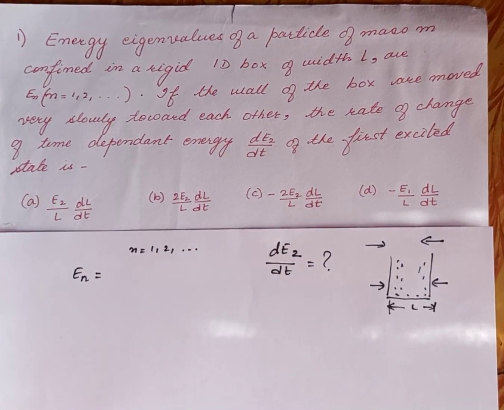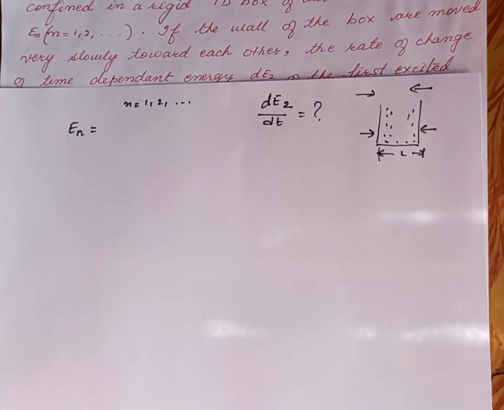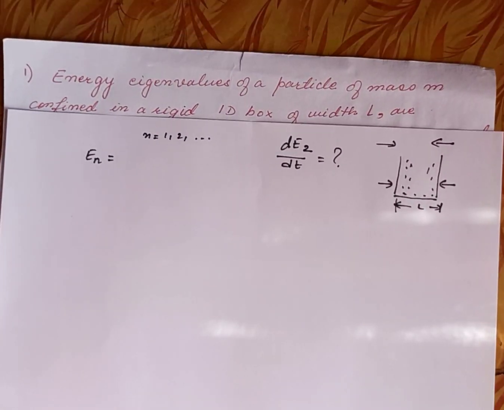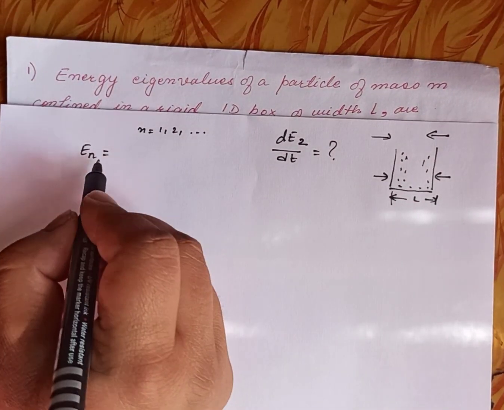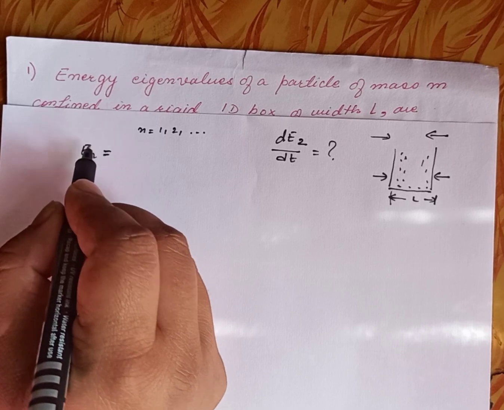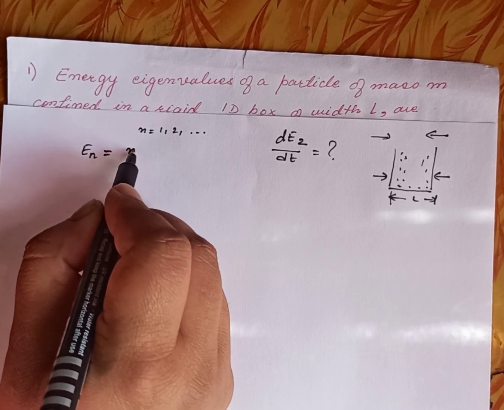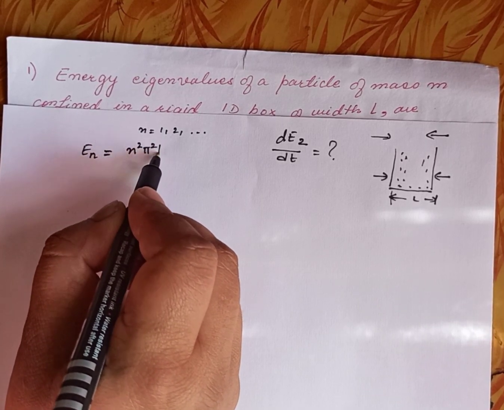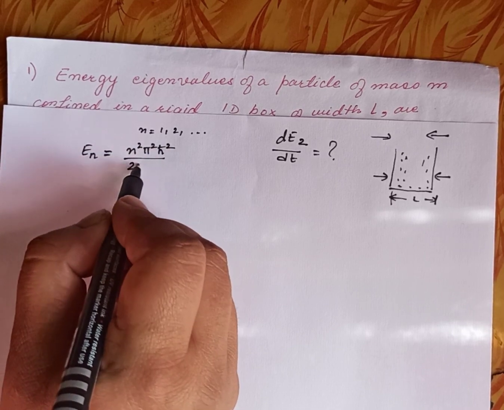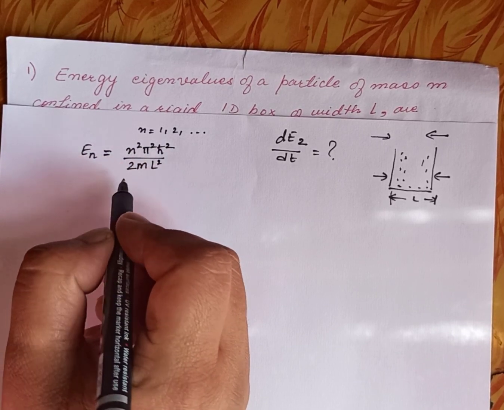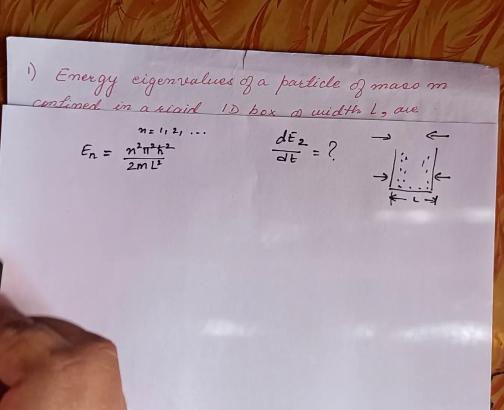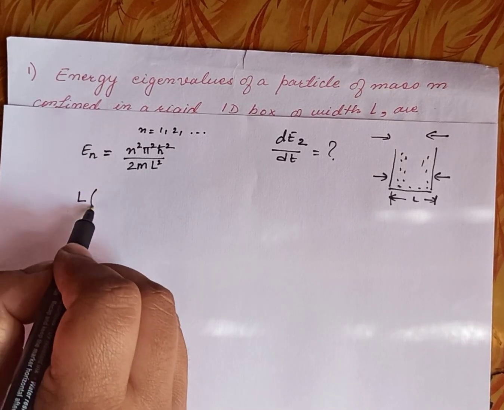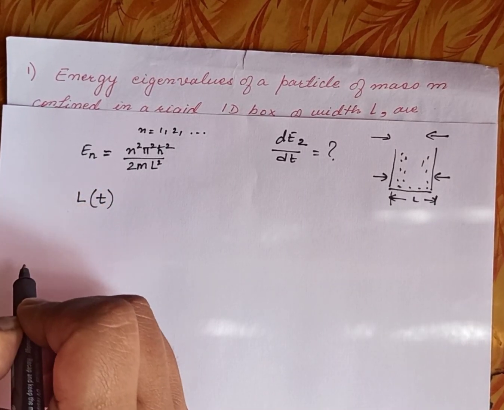So how do we start? We start by calculating En first. We know for a 1D box En is given by n square pi square h cut square by twice m L square, right? And from this question we see that L here is a function of time.